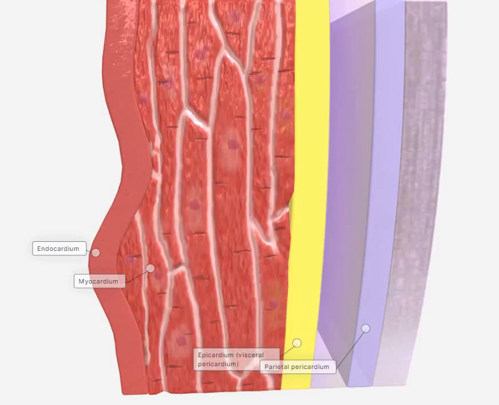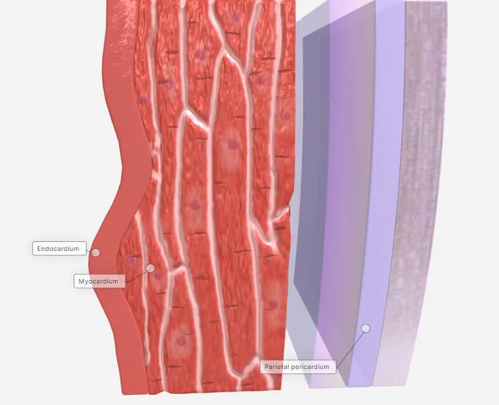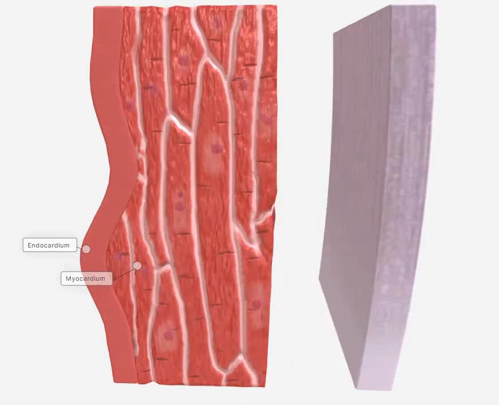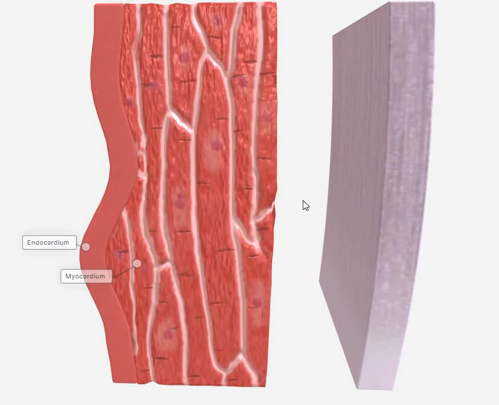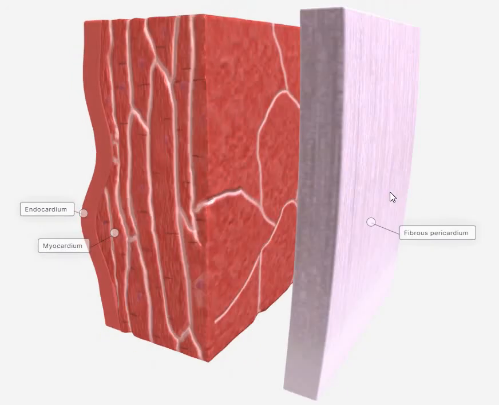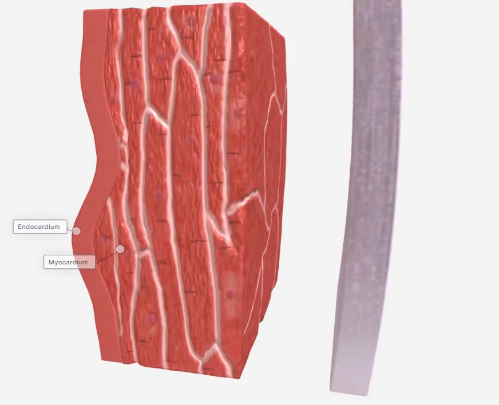If we were to have the fibrous pericardium attached directly to the myocardium, then as the heart moved, i.e. twisted as it contracted and relaxed during systole and diastole, it just wouldn't work. There isn't enough give in the fibrous pericardium for that to happen.